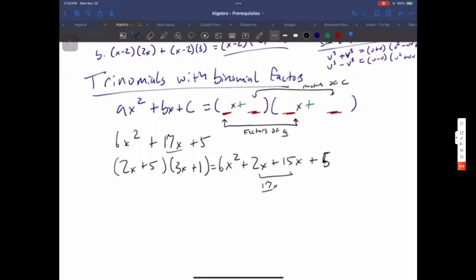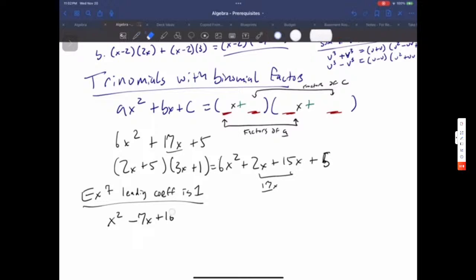So let's look at the first example, which is this is example 7. It says the leading coefficient is 1, which is exactly what we're talking about. So you have x squared minus 7x plus 12.